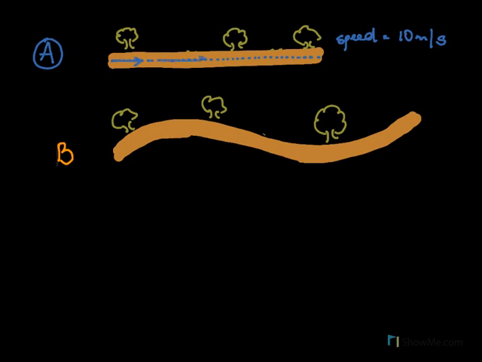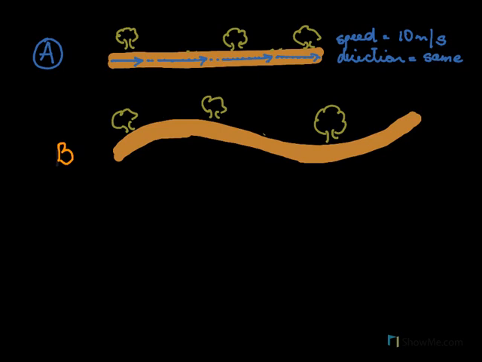The direction does not change. So the body A, we say, has constant velocity because the speed is constant and the direction too is the same.